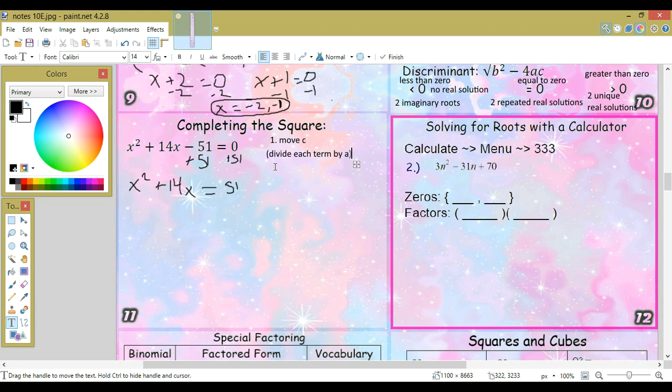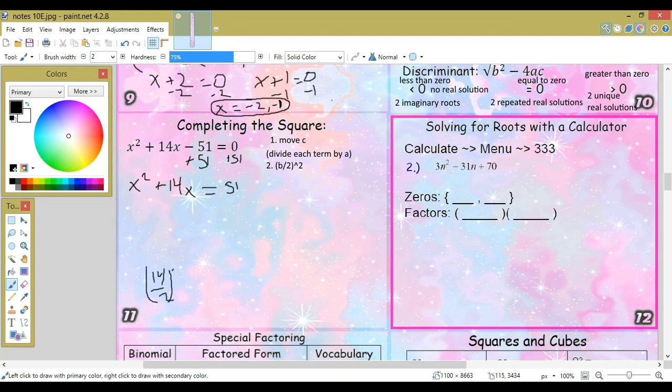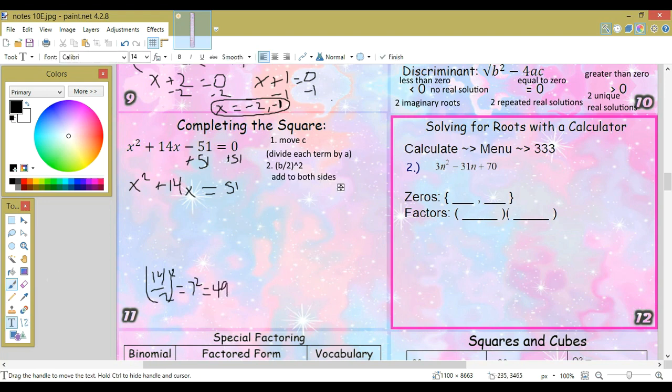Now, step 3, you want to find B over 2 squared. So we know that B is 14, so that means that 14 over 2 squared is 7 squared, and that's 49. We're going to add that to both sides. So we add 49 right here and plus 49 right here.